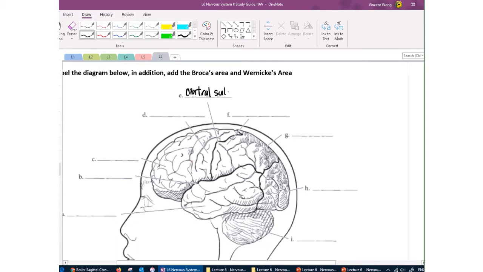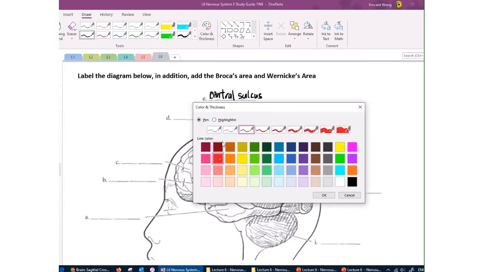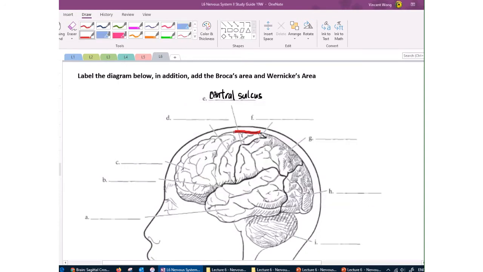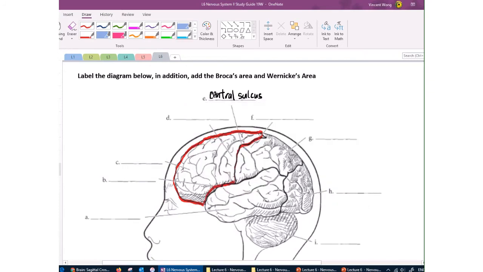The central sulcus separates the brain into the frontal lobe, and I'm going to outline the frontal lobe for you. Here is the central sulcus that I'm going through right now. So the central sulcus separates it into the frontal lobe and the parietal lobe, which is right here. Let me label those for you.